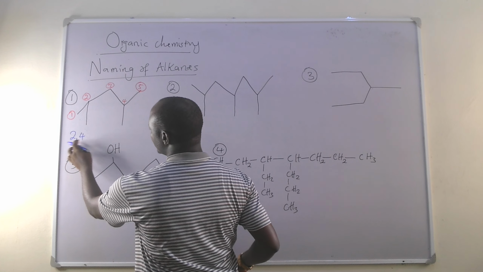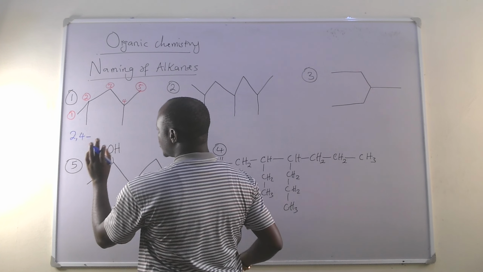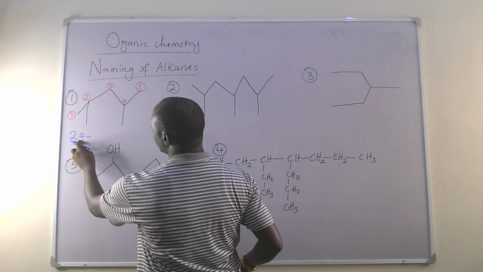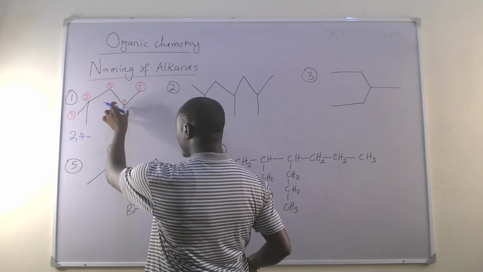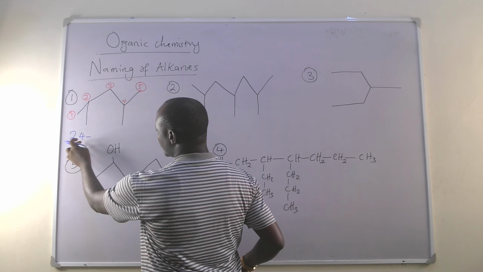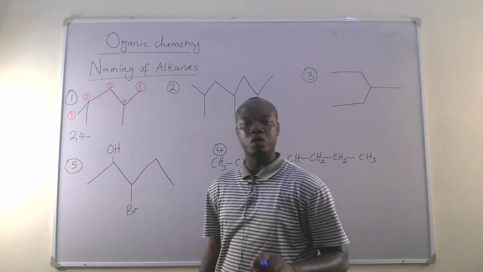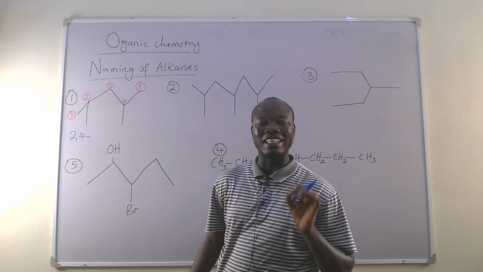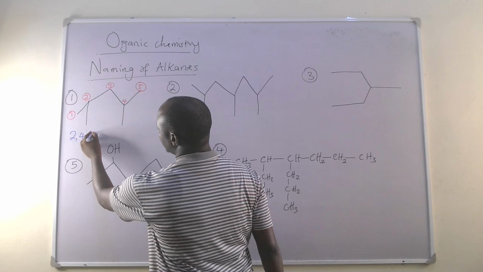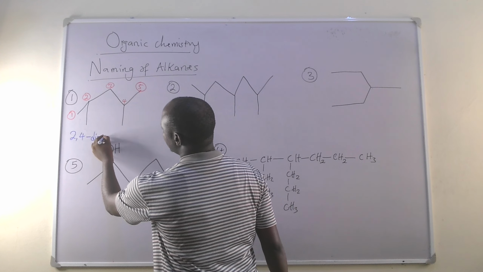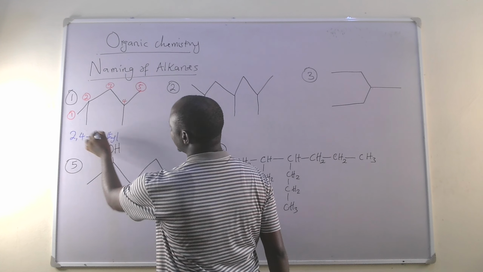Because the methyls are 2, it's going to be dimethyl: 2,4 dimethyl.